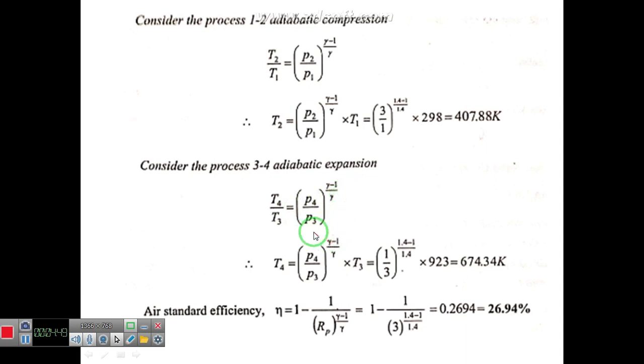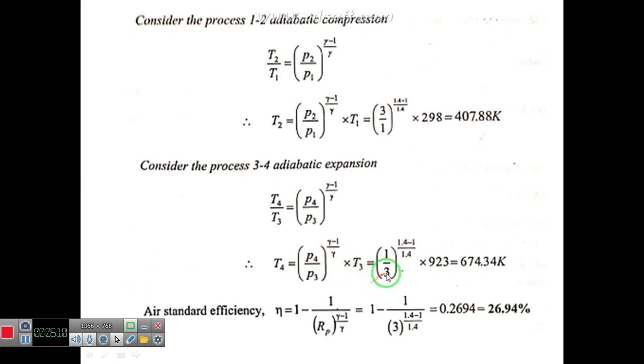We need to find the T4 temperature, so taking T4 on the left side: T4 equal to P4 divided by P3, power of gamma minus 1 divided by gamma, into T3.